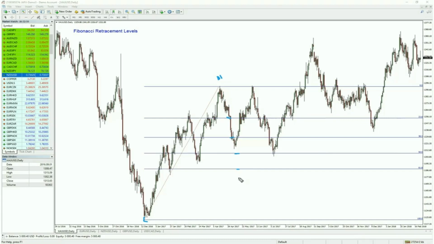So in doing some analysis from this level, from high to low, 12th of December to roughly the middle of April, we can see that we have made a high and we're looking to trade around these levels. We can see that the market did pull back significantly here and we get an exact bounce from our 0% back to our main level of resistance from the Fibonacci level up towards new highs.